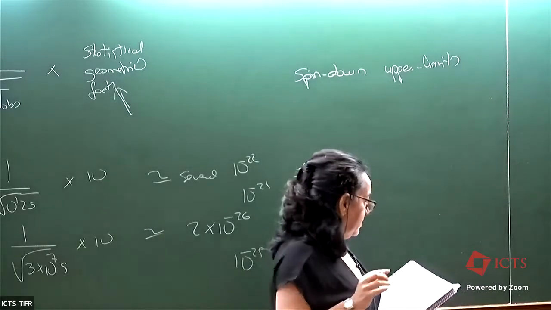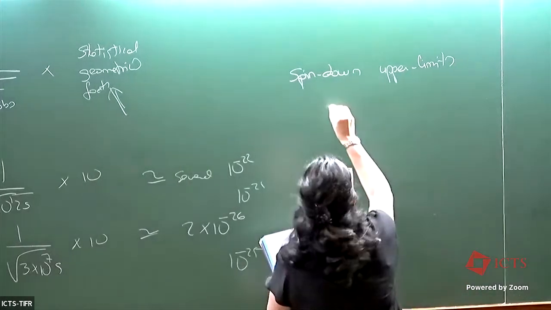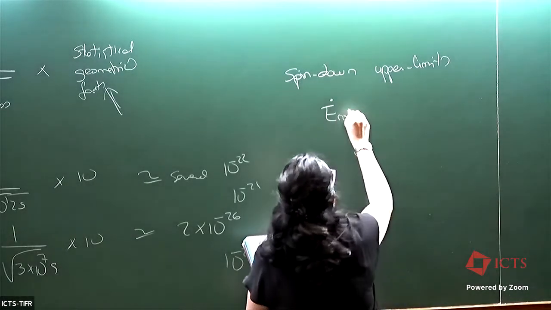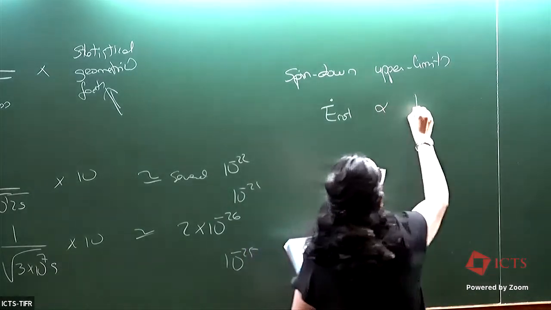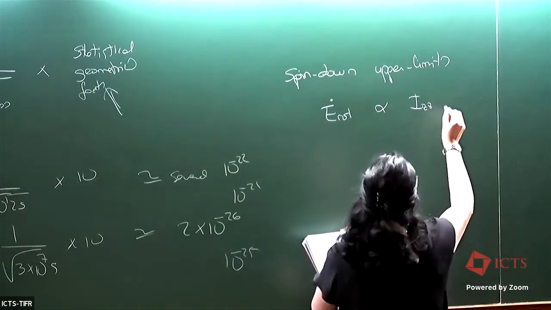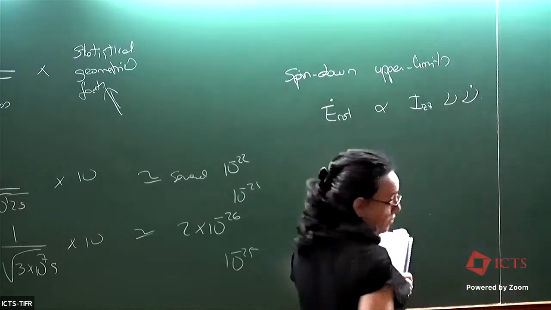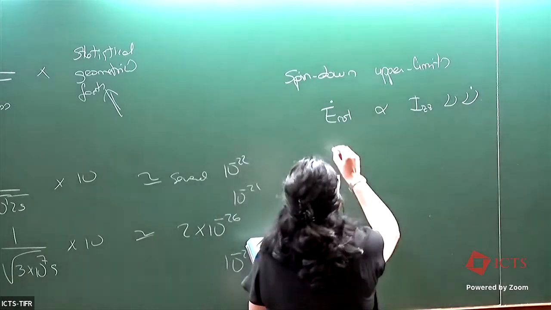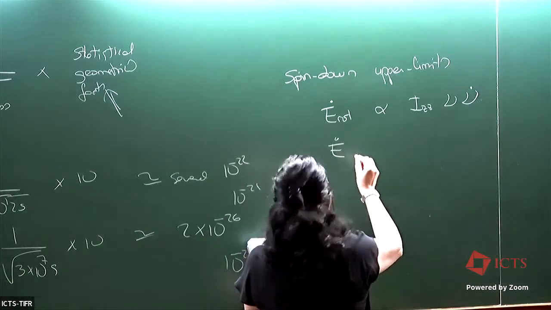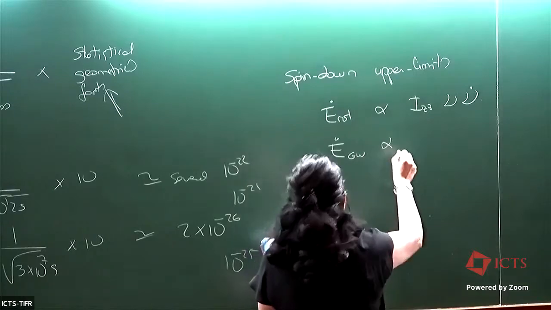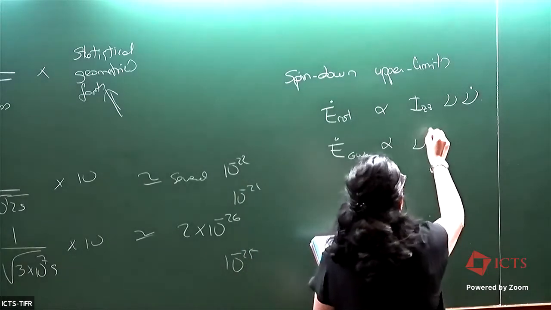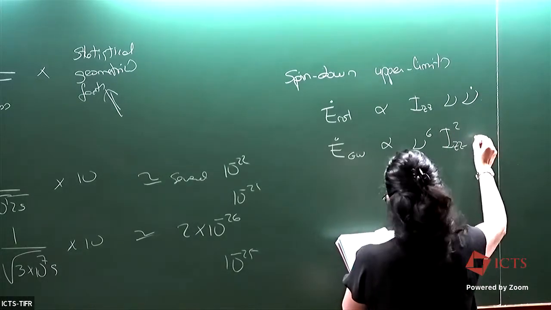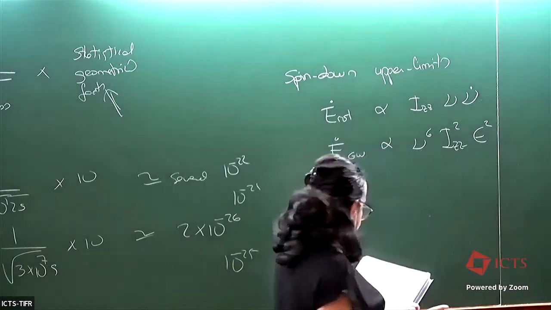Basically, this is the assumption that the loss of rotational energy scales like the moment of inertia, the frequency of the rotation and the frequency derivative, and the energy emitted in gravitational waves is proportional to this quantity here and to this ellipticity.